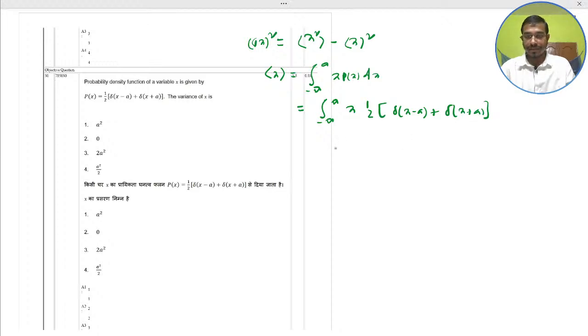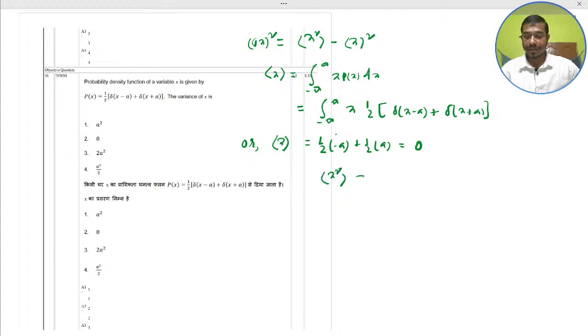Evaluate the delta function. Evaluating the delta function, the expectation of x would be half times minus a plus positive a. That would be 0.